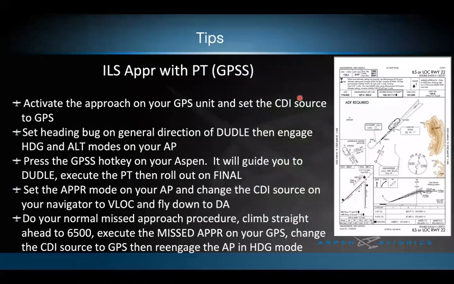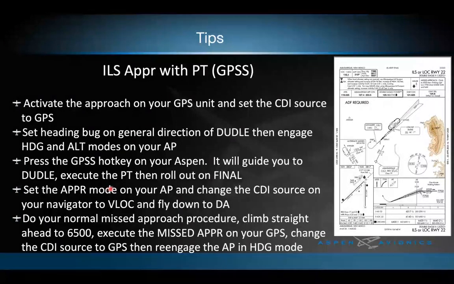In the example I talked about, once you turn GPSS on, you don't have to turn it back off, because GPSS on the Aspen only works when the autopilot's in heading mode. As soon as you go to approach mode, the Aspen is no longer sending GPS steering information, it's only sending approach mode information. So when you go to approach mode, you don't have to turn GPSS off. All right, Robert, disregard my response then.